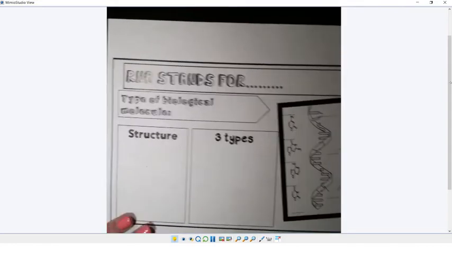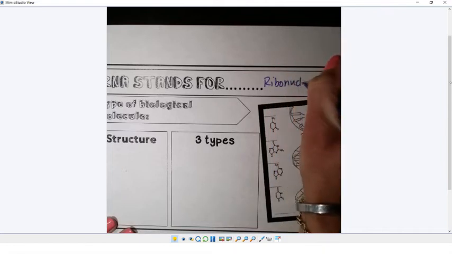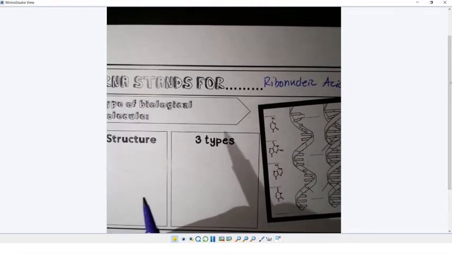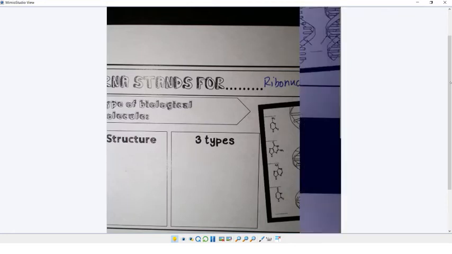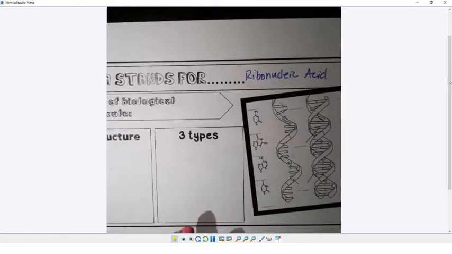that'll work. RNA stands for ribonucleic acid.